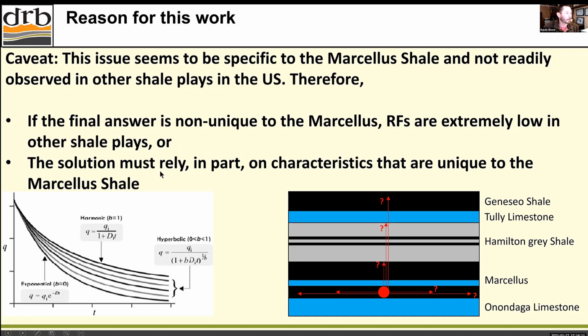The other side of that is that if this is indeed just a Marcellus issue, then the answers that we come up with are likely the result of characteristics that are unique to the Marcellus and not found elsewhere. And that's why we're not seeing these issues crop up in other basins.